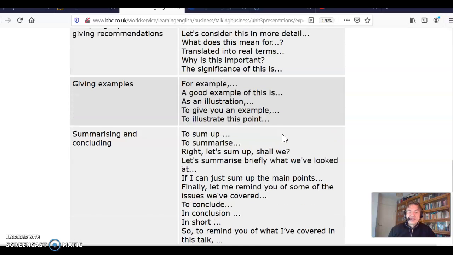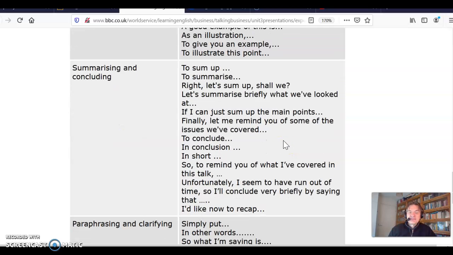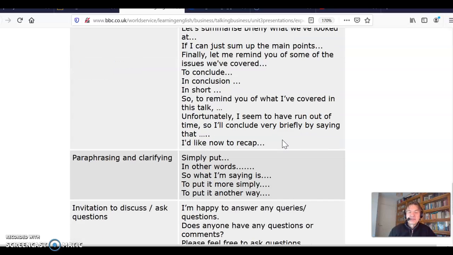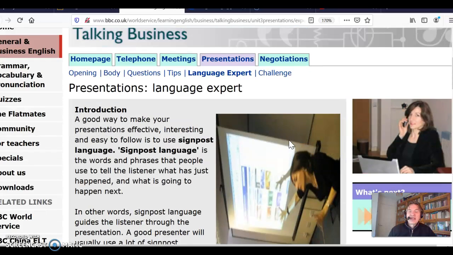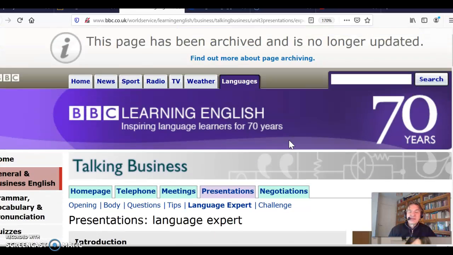An example is always good for the audience. They will remember your examples better than just the facts. And then in the end, you can show the audience that you're at the end: to sum up, to summarize, and so on. So these are from BBC signposting language pages, and there's a link to this page in your materials.